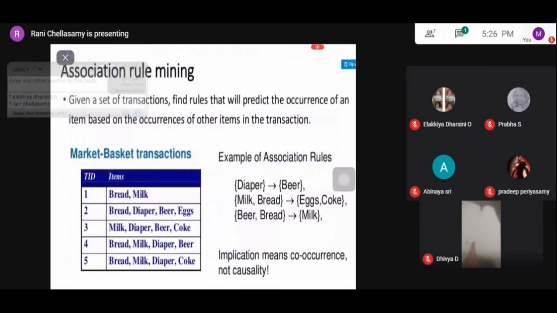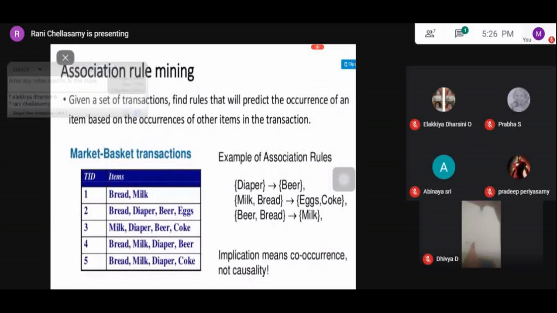Coming to the association rule mining concept, you will be given a set of transactions, and the objective is to find the association rules that predict the occurrence of an item based on the occurrence of other items in the transaction.